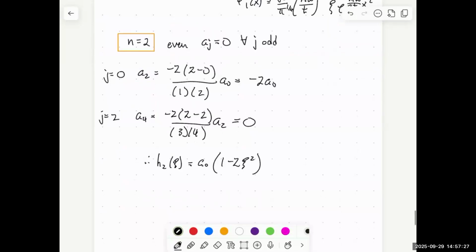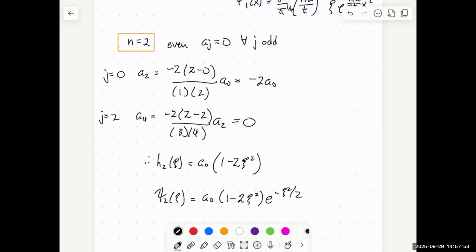And that means our wave function for n equals 2 is a0 (1 minus 2z squared) e to the minus z squared over 2. But remember, this is just proportional to x, so this is like a 1 minus 2x squared.